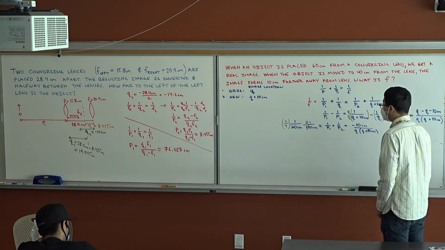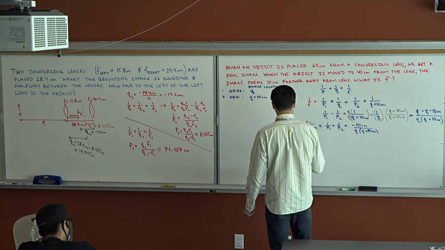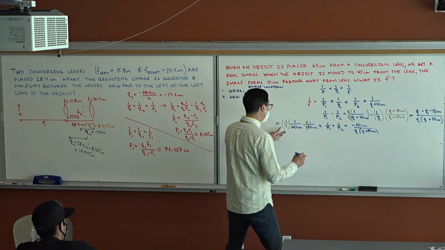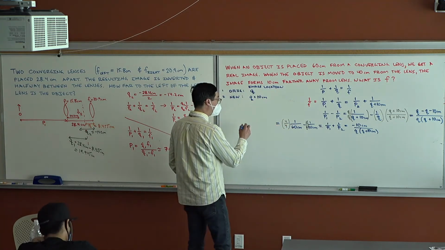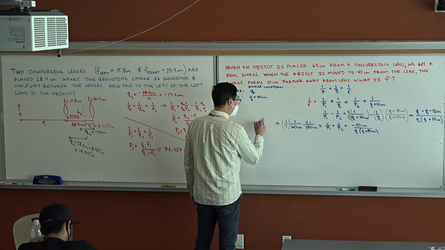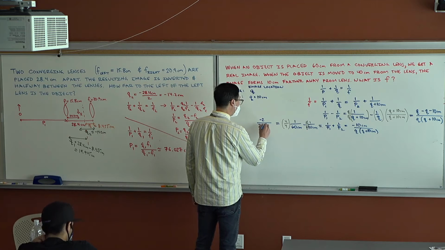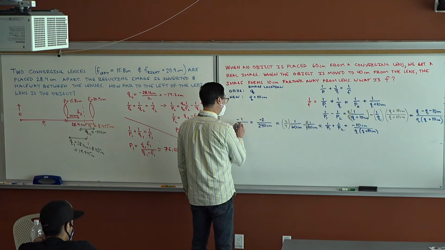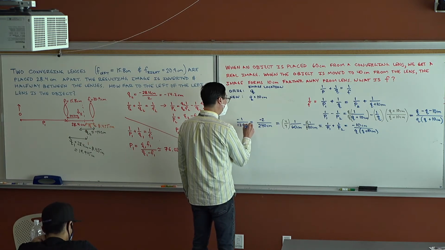So that looks like 4 minus 6, minus 2 over 240, equals minus 1 over 120 centimeters.